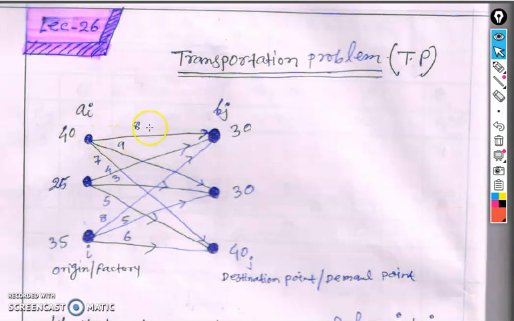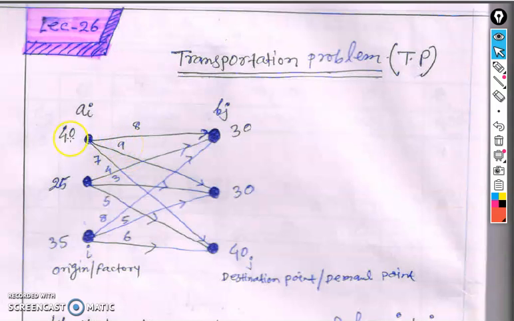What does this quantity represent? If we supply a product from the first factory to the first destination point, the unit cost of this product is 8. If we supply 1 unit from the first factory to the second destination, the unit cost is rupees 9 or maybe $9, whatever the currency may be.